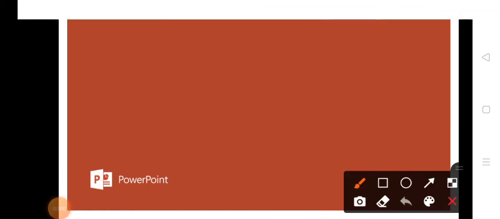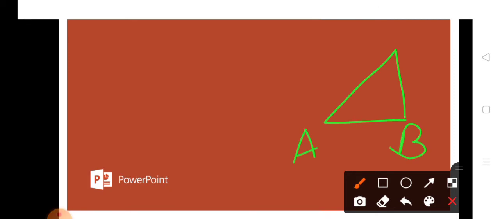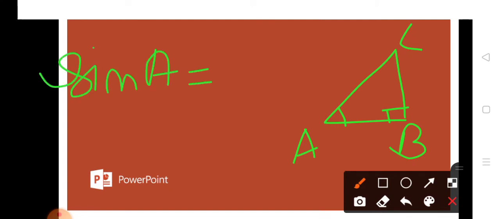Just now अहिले भर्खरको ट्रायंगलमा this was triangle A, B and C. I told that यो तल जाँदाखेरि 0 डिग्री हुन्छ. When angle A is very close to 0 degree, BC gets very close to 0, and so the value of sine A, which is opposite by hypotenuse, is very close to 0.